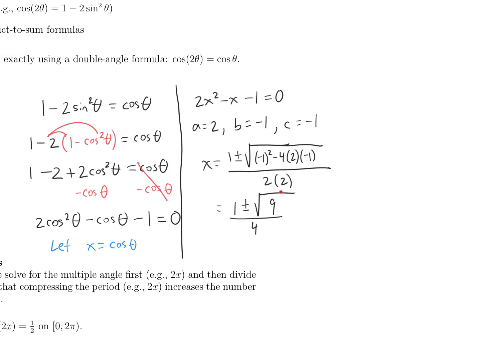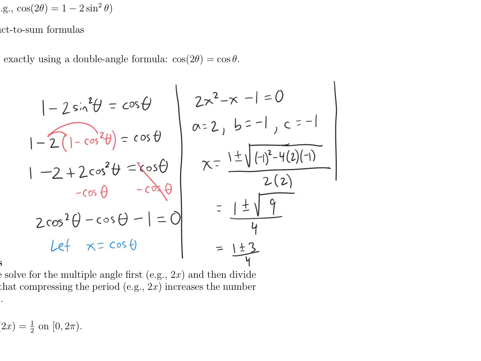Because you end up with a perfect square under the square root, this radical is going to disappear, which tells you that the equation was factorable. That's how you know if an equation is factorable or not, based on the b squared minus 4ac part. If it's a perfect square, then it is factorable. And in this case, you do get 3, because the square root of 9 is 3.